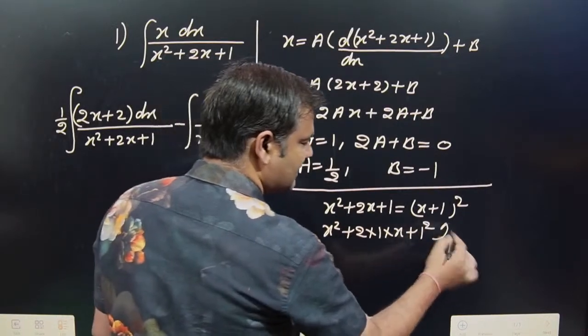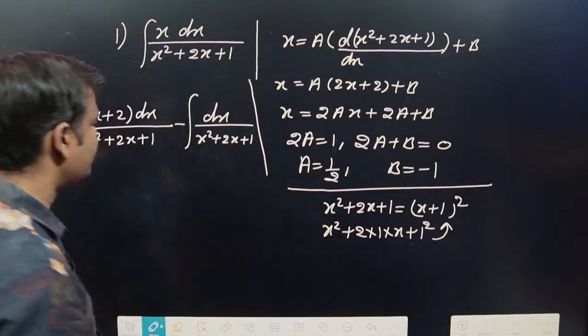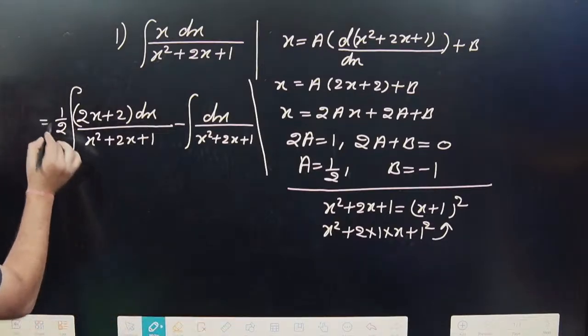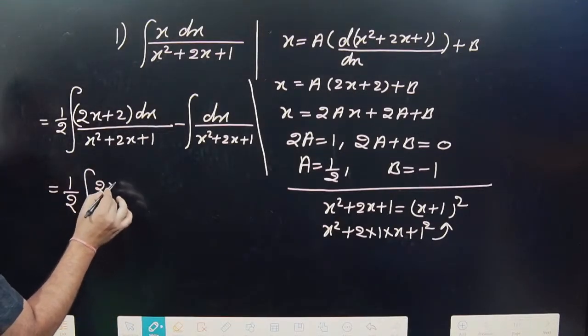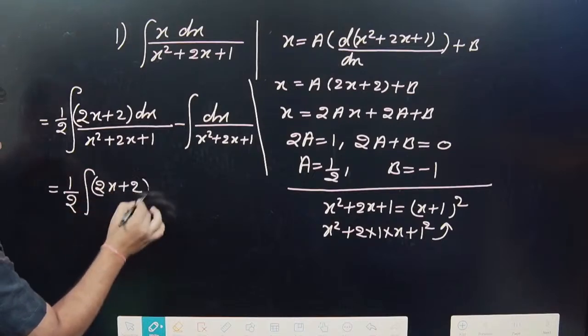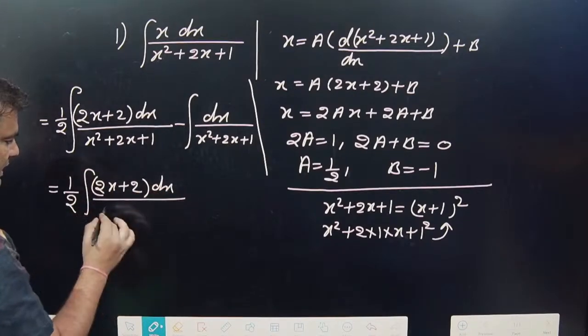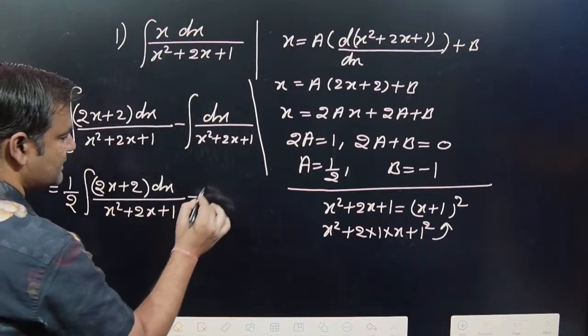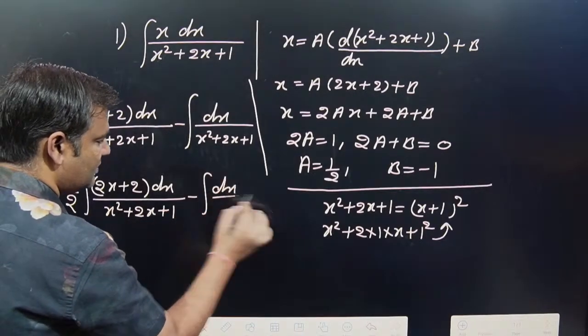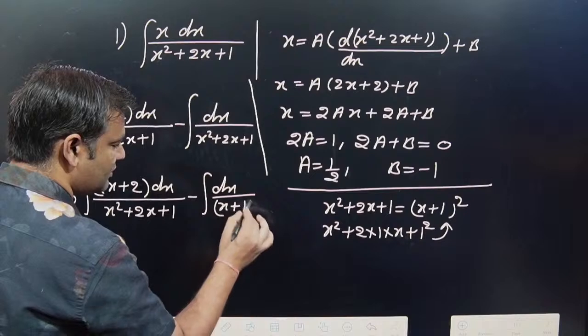So we write 1 by 2 into (2x plus 2) dx divided by x square plus 2x plus 1, minus dx divided by (x plus 1) to the whole square.